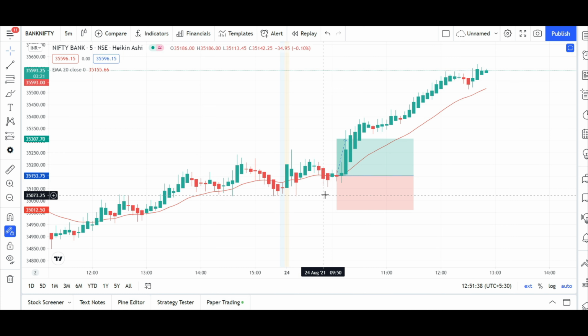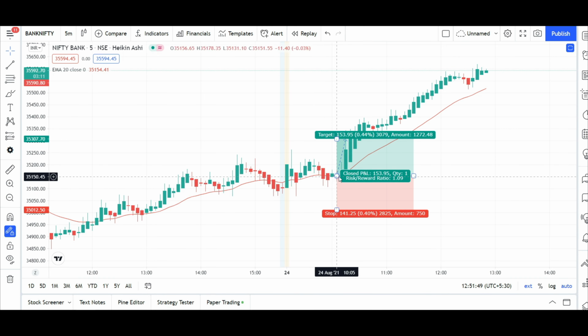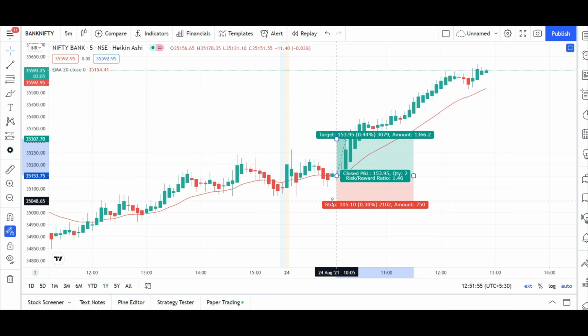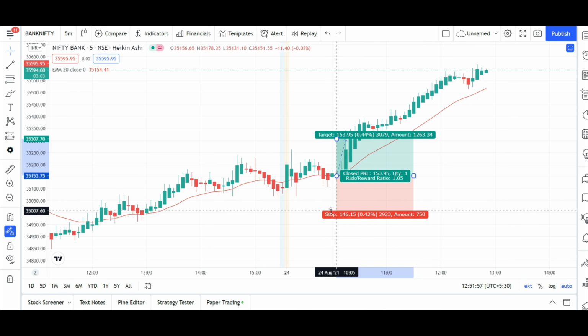So as I've said, we have entered the stock right here, because our MACD and our EMA gave us a signal to enter here. So our stop loss will be at least 0.30 to 0.40% below our EMA.